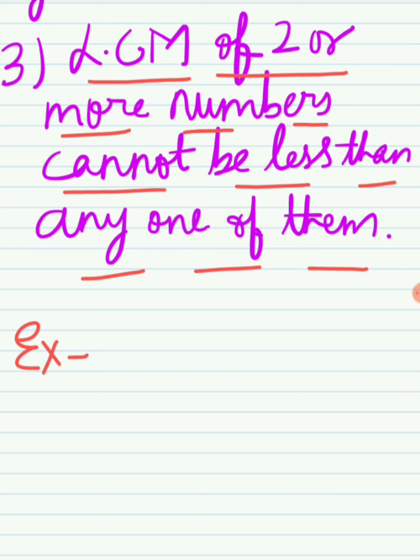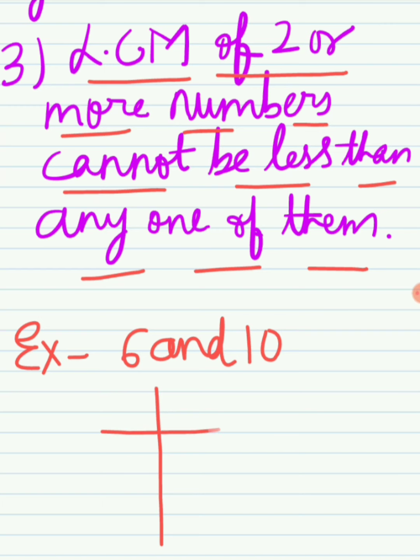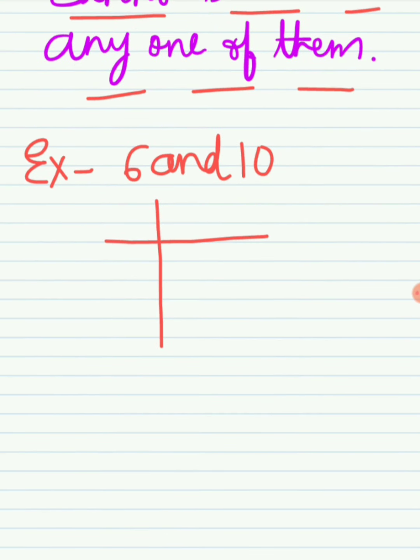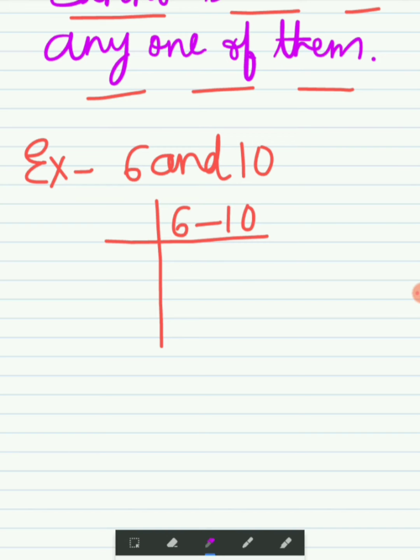Let's take the first example. This LCM we call the division method. A simple method we will use to find the LCM of 6 and 10. So this is the division method. We will write here 6, 10. Now a very important step: if both numbers are divisible by one number, then we can proceed.